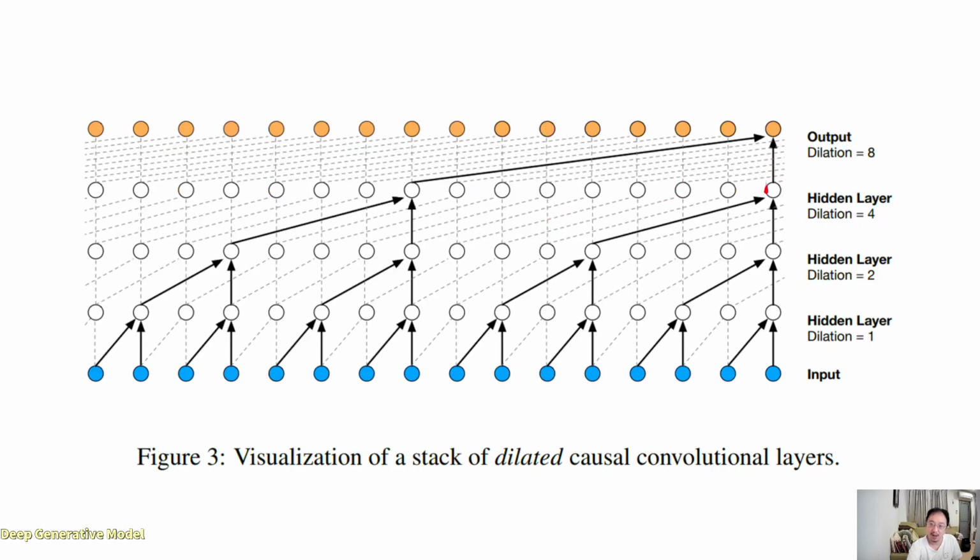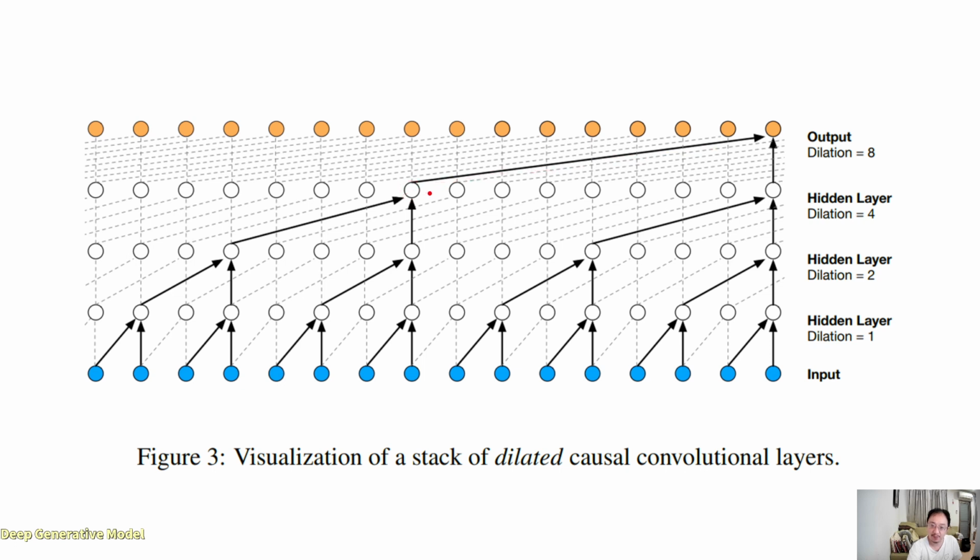Basically, because we need a really long context window, we don't actually need to consider the effect of the past 1000 or 2000 elements directly. We can first do a long jump.